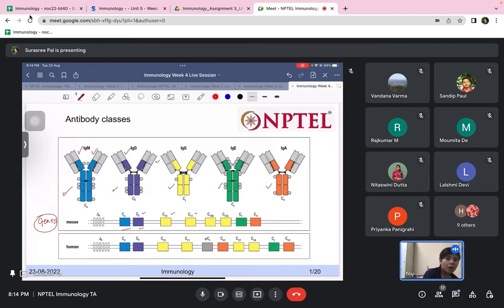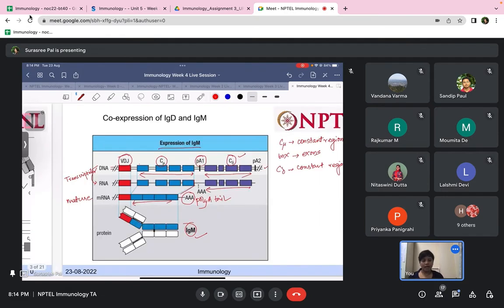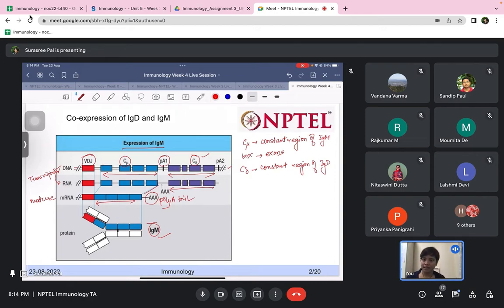Now coming to how these several classes of antibodies are produced. I told you when a pathogen is infecting our body, the first antibody response comes from IgM or IgD, and these are coded by different sets of exons. C mu codes for the constant region of IgM and C delta codes for the constant region of IgD.